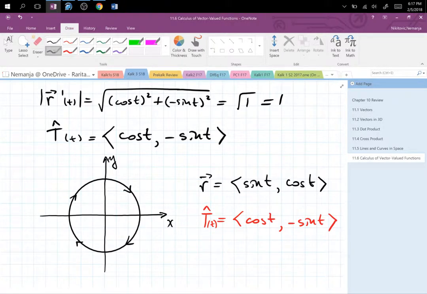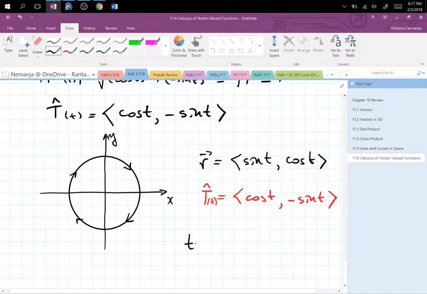Well, let's pick some t's. t equals 0. For t equals 0, I have vector r computed at 0 to be 0, 1. Sine of 0 is 0, and then cosine of 0 is 1. So we are starting here.